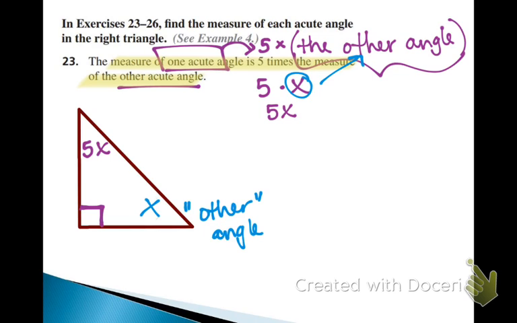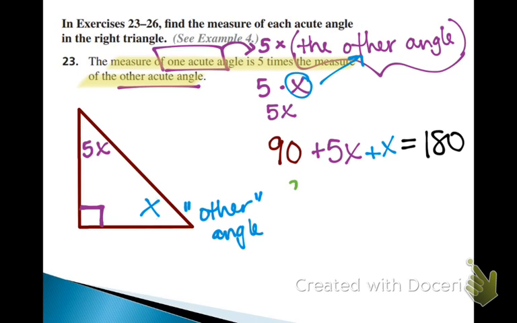The most common mistake is that people don't remember to call one of the angles x. From here, you know that all 3 angles add up and equal 180 degrees. So you can take each of them, including the 90. So take the 90-degree angle, add it to your 5x, add it to what we call the other angle, and they equal 180 degrees.